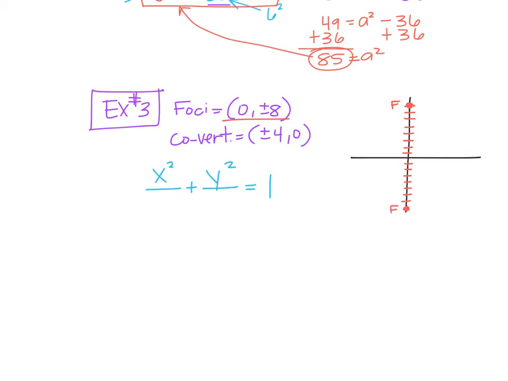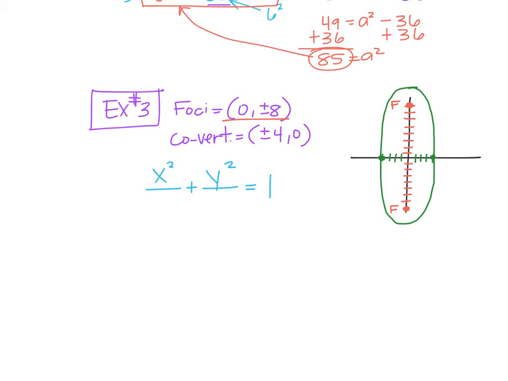Okay, and then we have covertices at 4. 1, 2, 3, 4, 0, and 1, 2, 3, negative 4. Keep in mind, the F is your foci, so we would actually end up like this more. Ooh, that was one of my better ones, guys. So you can think of this as what your ellipse should be looking like.